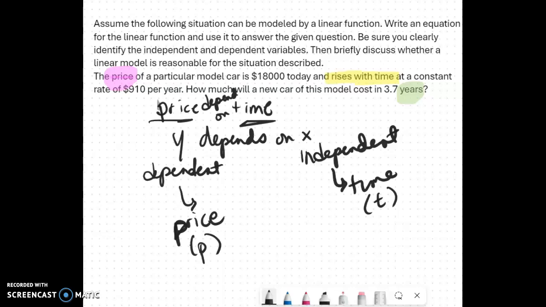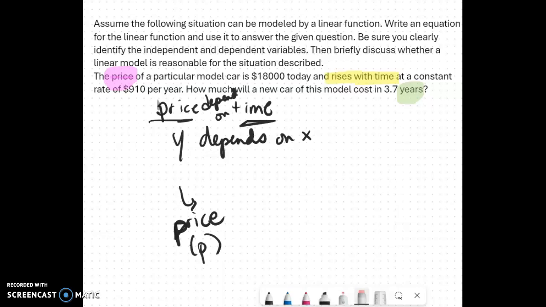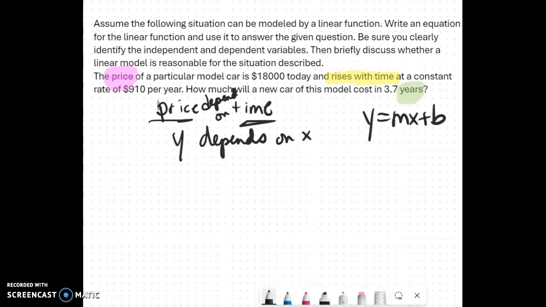And then they ask you to write the linear function. To write that linear function, on our formula sheet we're going to see this. We've got it written in two ways. We've got y equals mx plus b, that's in math terms.